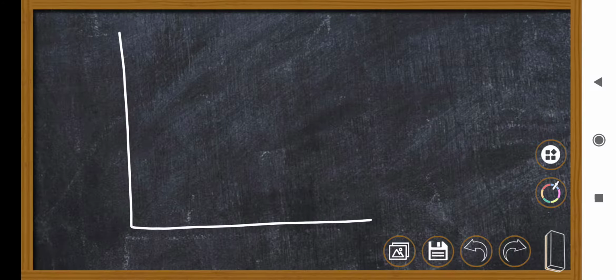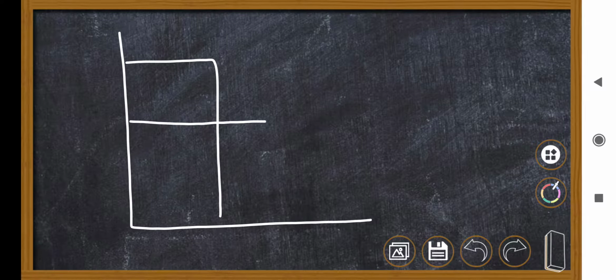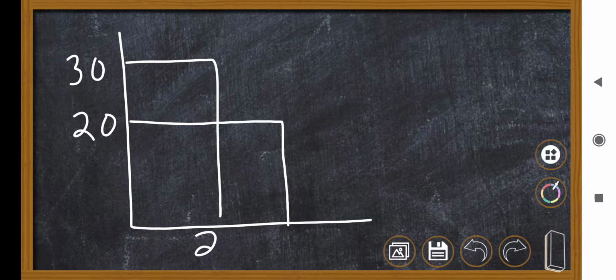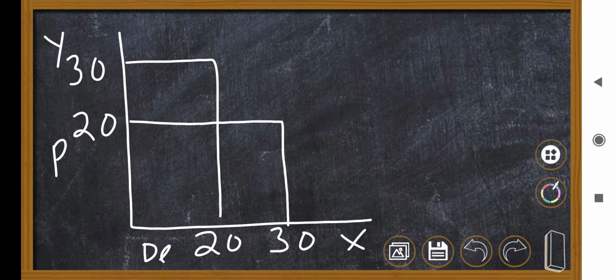This is the diagram showing the unity elastic demand. Here, the price is on the x-axis and quantity demanded on the y-axis.